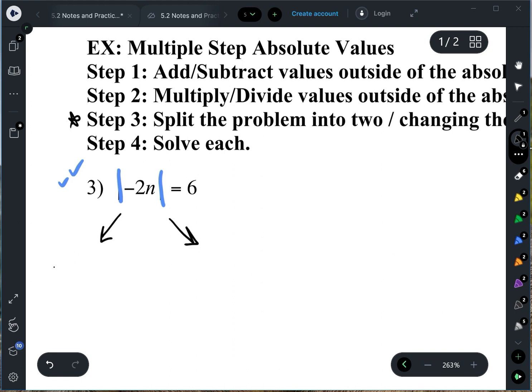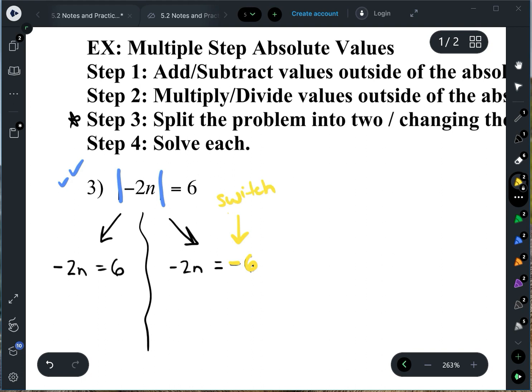One of them you keep exactly the same: -2n equals 6. The other problem, -2n stays the same, equals, here is what you need to change, -6. That's the switch. That is the only thing you have to switch. Then you can solve each of those equations individually.